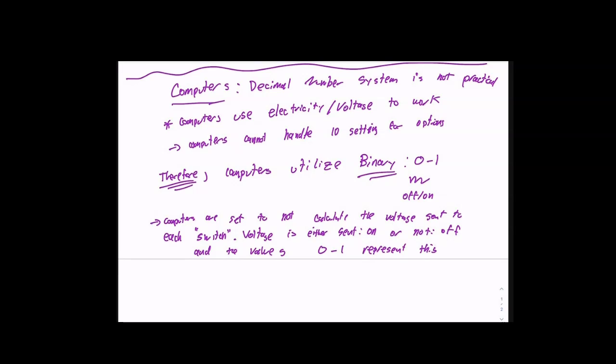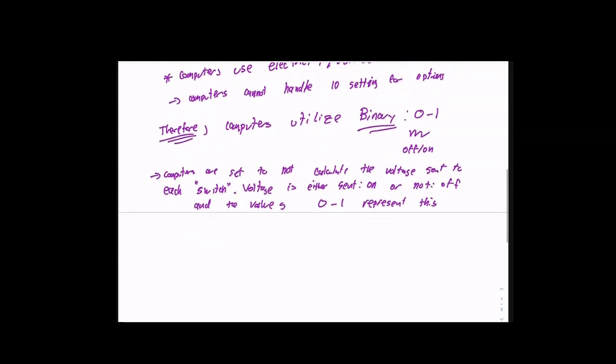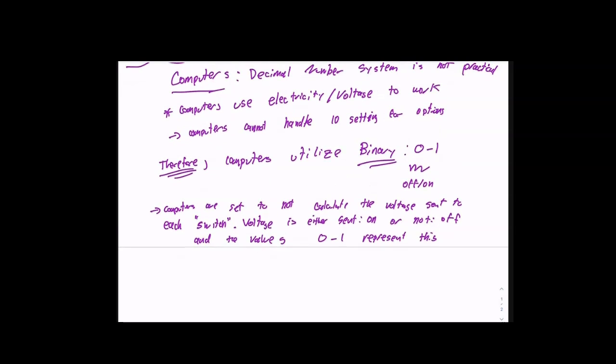That takes power in order to do. And so what was realized with computers is that instead of doing that, either something is being sent or it's not. And now you can think about it as just sent or not sent. And that's the basic concept of binary.